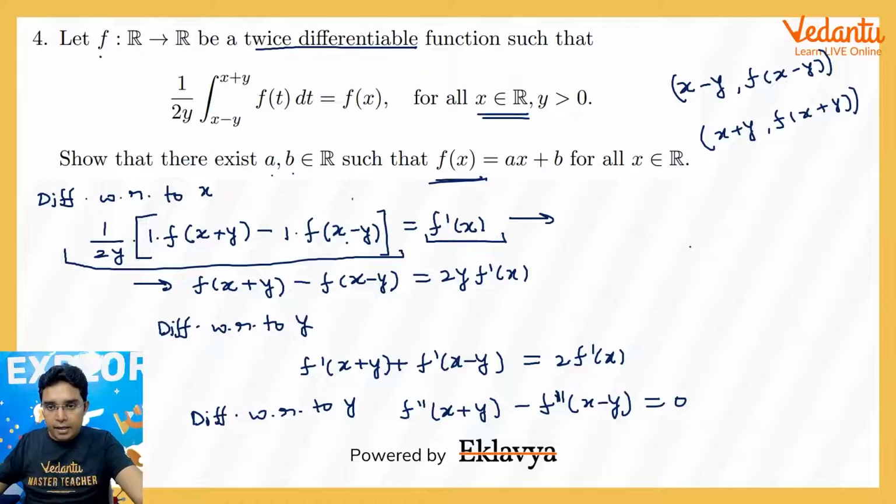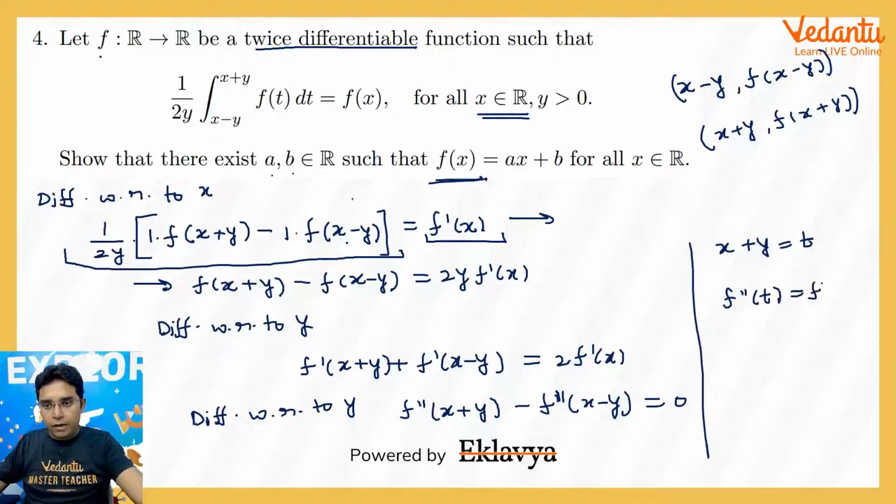You can take x plus y as t. Then f double dash t will become equal to f double dash of, I can write y as t minus x, so x minus y will be 2x minus t.